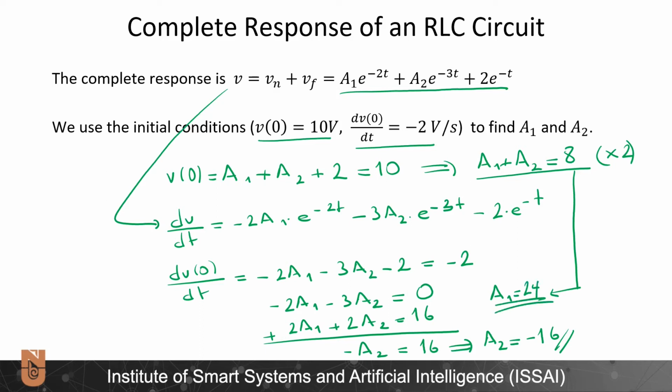Therefore, I can write my complete response as 24 times e to the minus 2t minus 16 times e to the minus 3t plus 2 times e to the minus t. So this way we concluded the solution of this problem and found the complete response of this circuit.